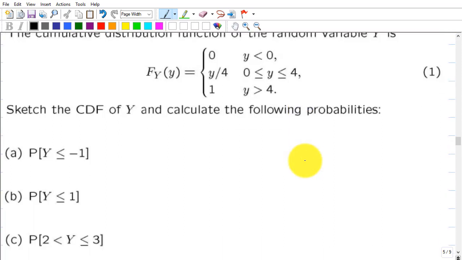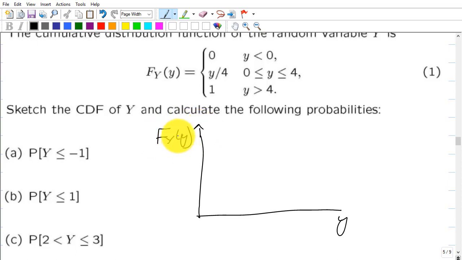So sketching is again an easy task. First we will sketch it. Here it would be y, and on this axis we will have the CDF of y. The range is from 0 to 4.